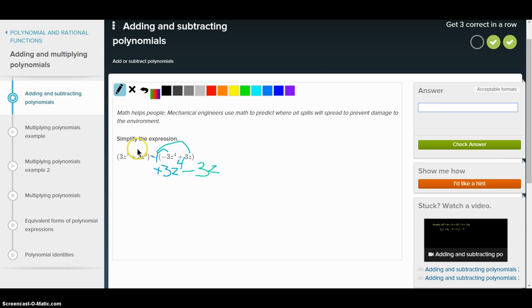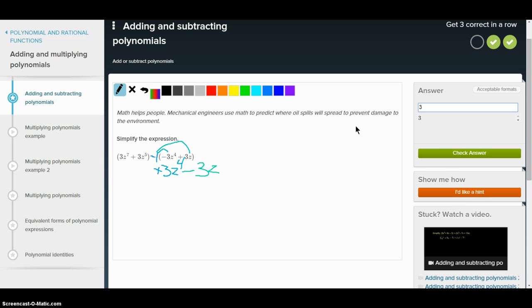So actually this right here is going to be our answer. 3z to the 7th plus 3z to the 5th plus 3z to the 4th and minus 3z.